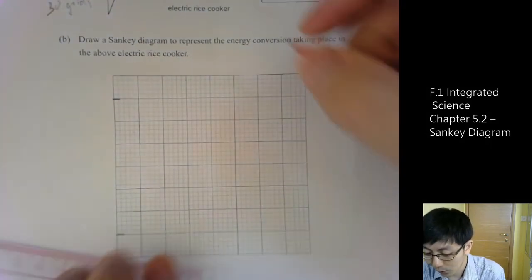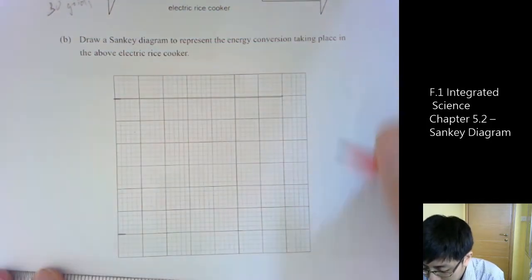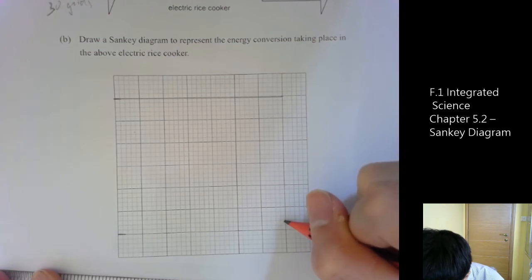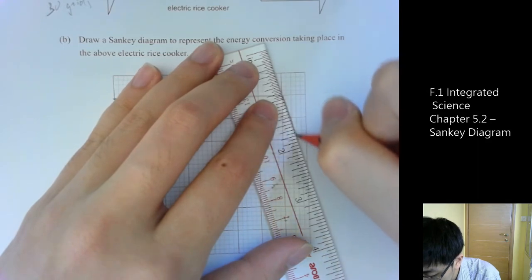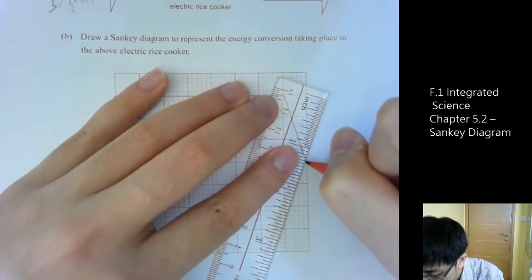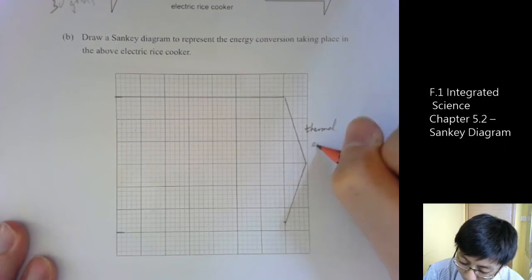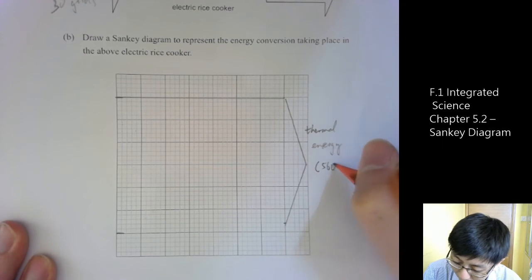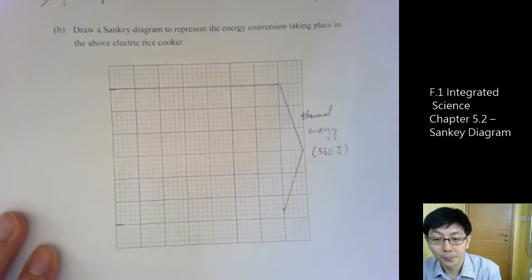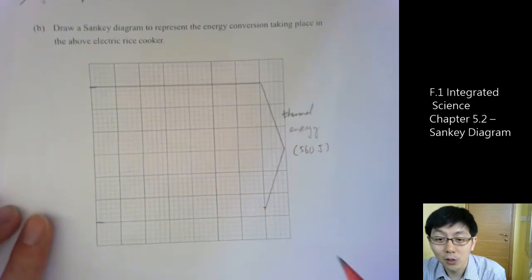So I draw a big arrow, and the arrow will look like this. 28 of them are useful. So they are the useful energy for thermal energy, 560 joule. And then 1 out of 15 will be useless.